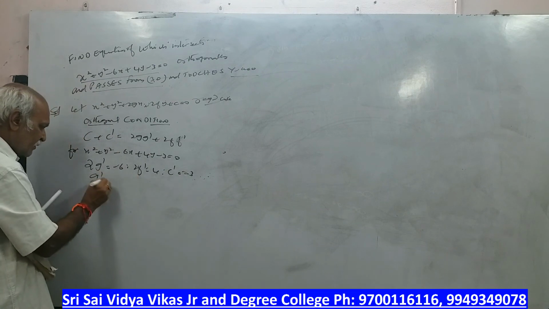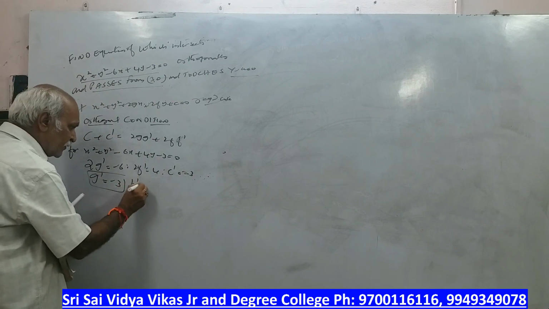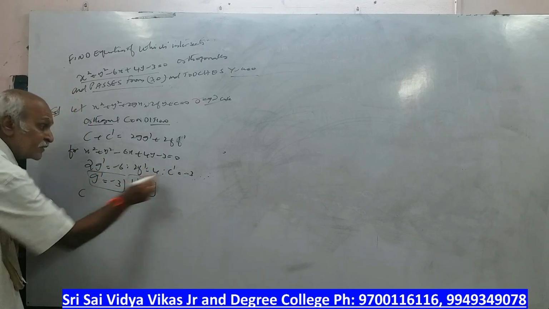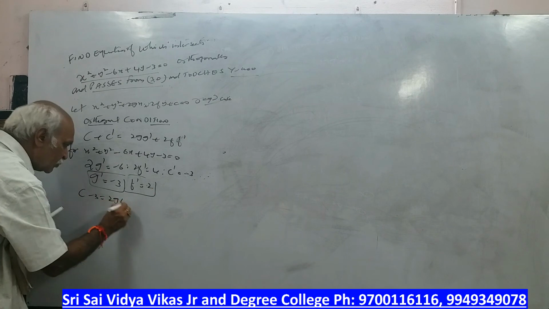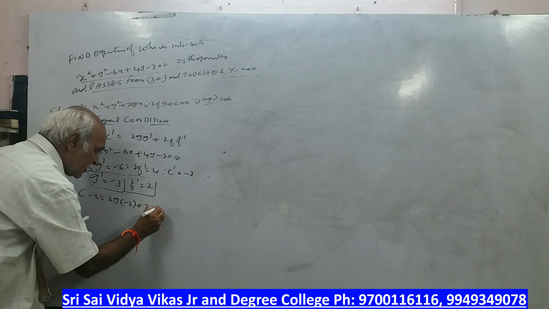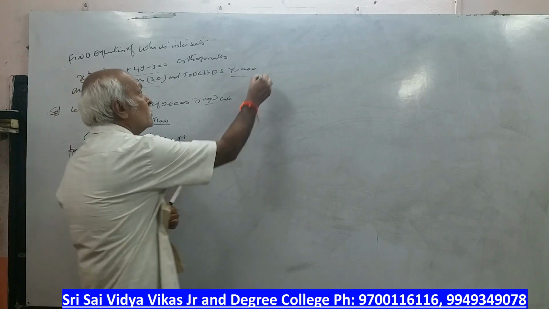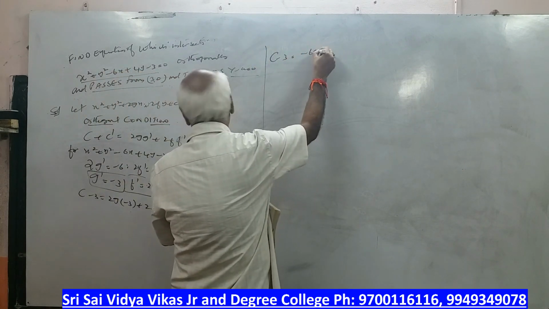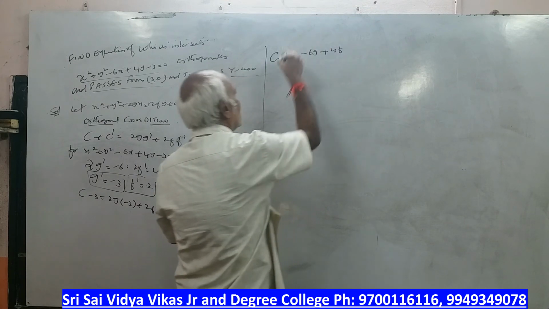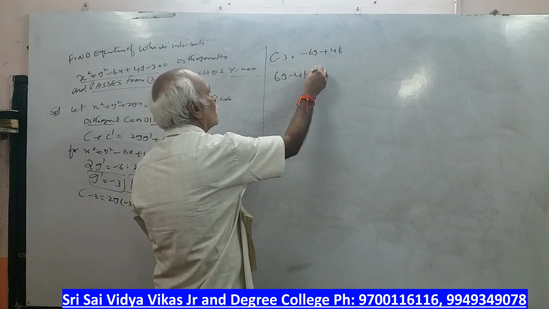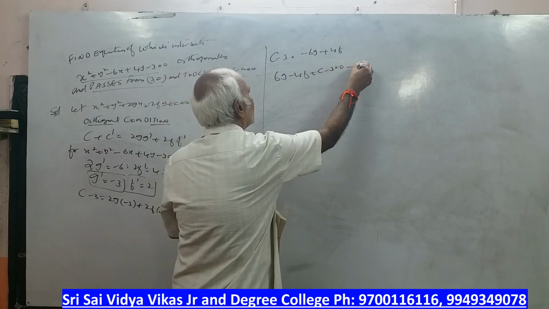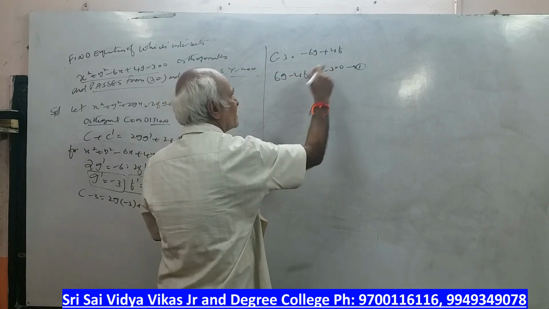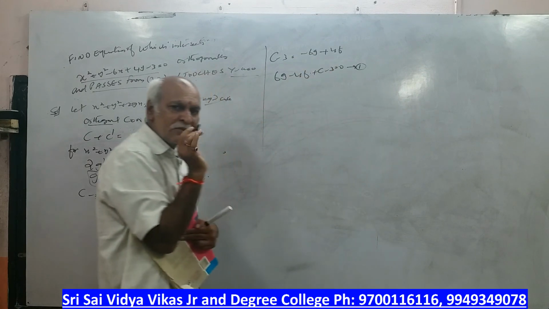So g dash is minus 3, f dash is 2. Therefore c plus c dash is c minus 3 is equal to 2g into minus 3 plus 2f into 2, which is minus 6g plus 4f. Bringing the terms to this side, 6g minus 4f plus c minus 3 is equal to 0. We got the first equation.